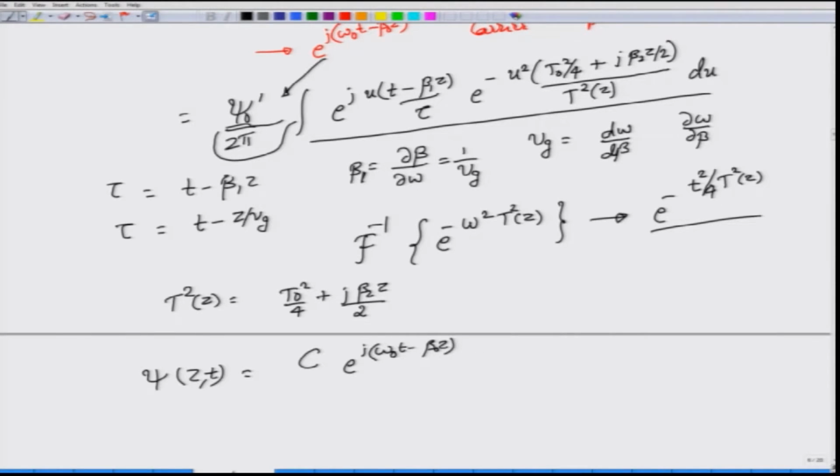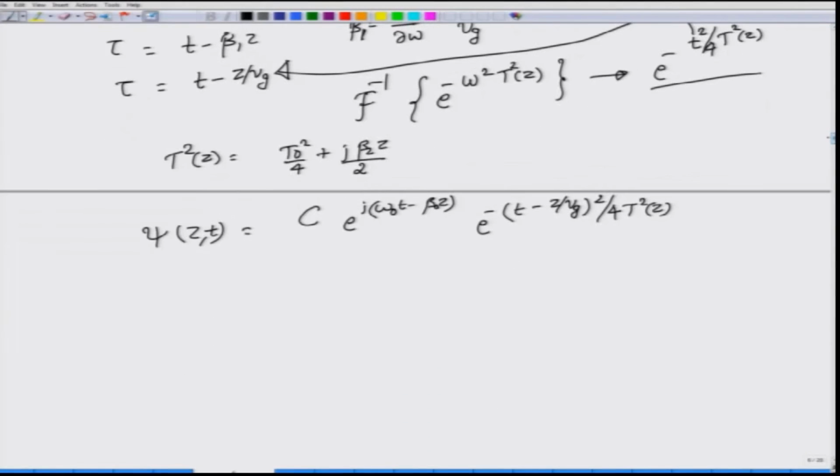But remember now, this was the Gaussian Fourier transform, but it is not this t that I am looking at, it is actually this t minus z by Vg that I have to look at, because this is the Fourier transform of the Gaussian, but t itself is given by t minus beta 1 z, right. So, here it is that. So, you get e to the power minus t minus z by Vg whole square divided by some 4 t square z. This is the Gaussian pulse that I have obtained.